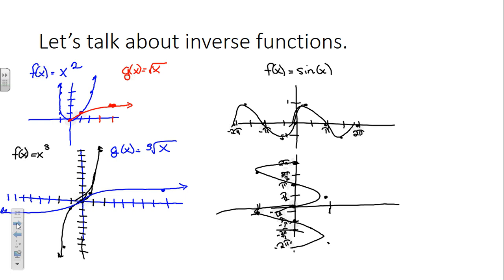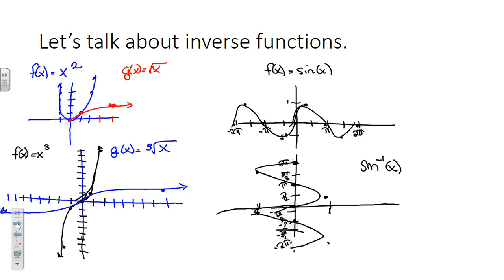So here's my question. Is the inverse sine going to be a function? Emery's shaking his head no. Why not? Yes, because of the vertical line test.